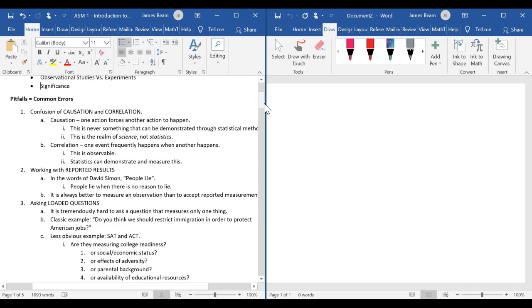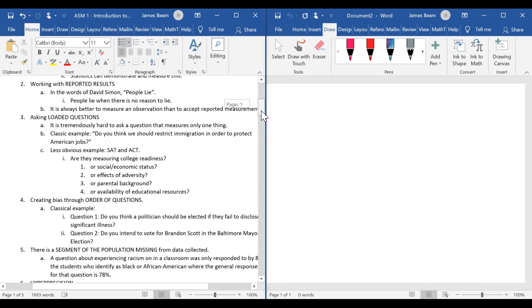Loaded questions are pretty common and they happen a lot in things like political polling, and they're hard to avoid. You want to try to ask questions that are stripped down as much as possible. And we get weird things like, do you think we should restrict immigration in order to protect American jobs?